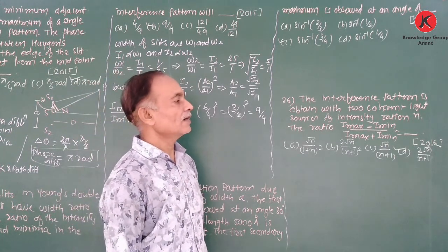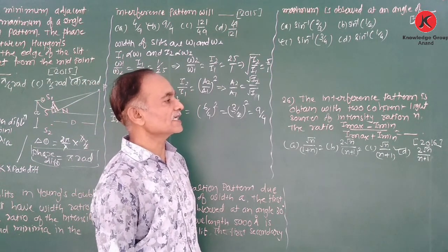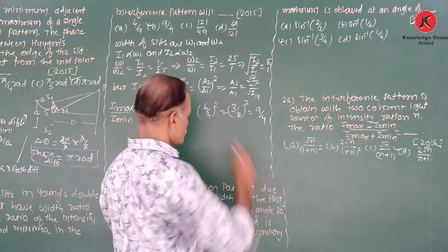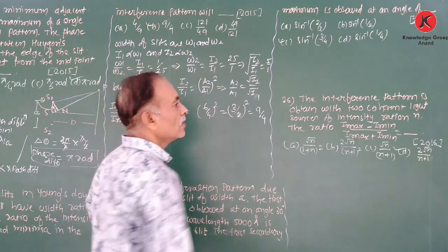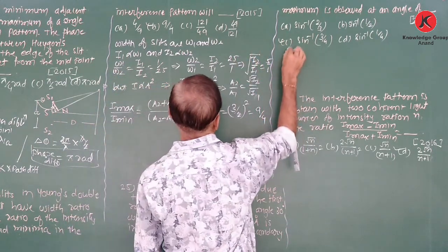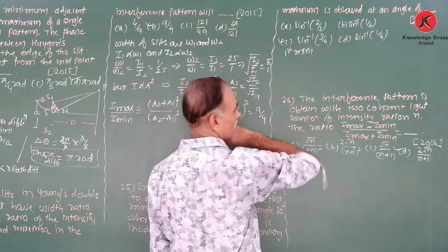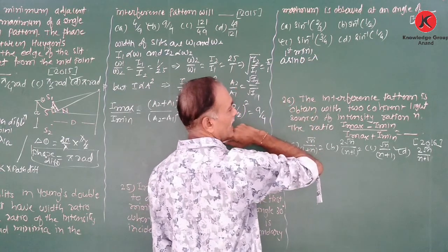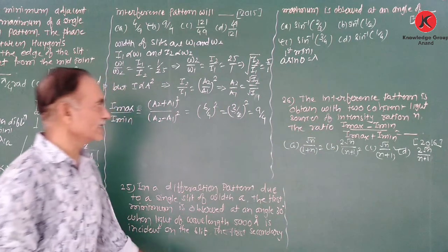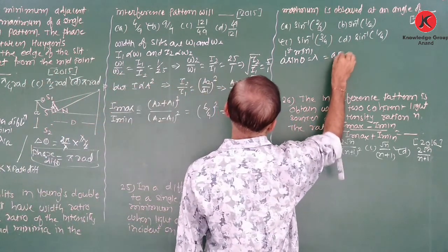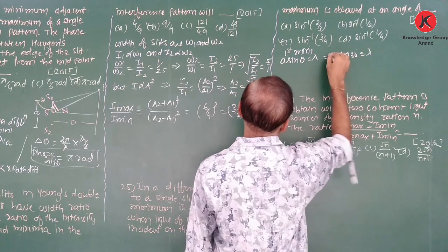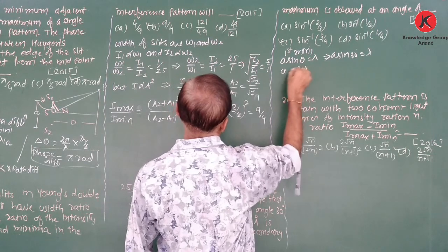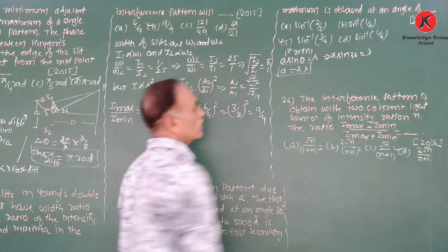Now, for the first minimum, the condition is a sin theta is equal to lambda. Theta is given as 30, so a sin 30 is equal to lambda. Therefore, lambda is equal to a by 2. Therefore, a is equal to 2 lambda.